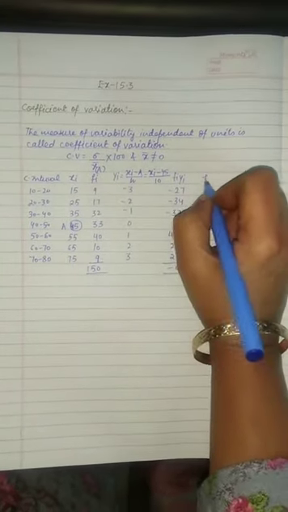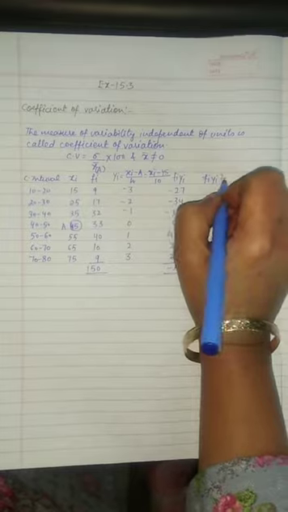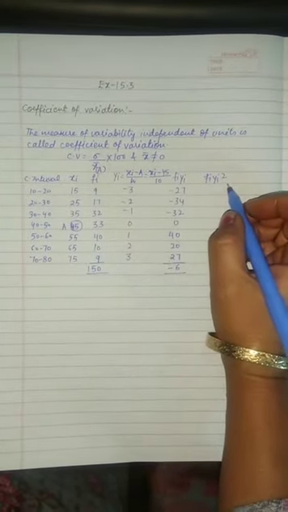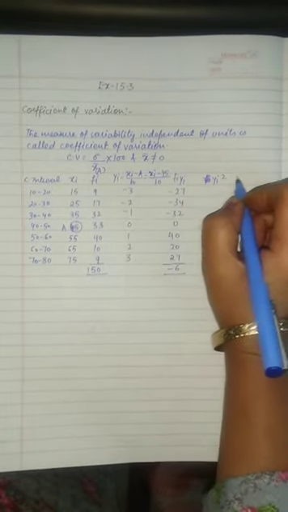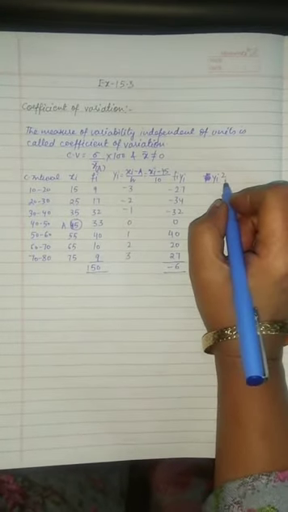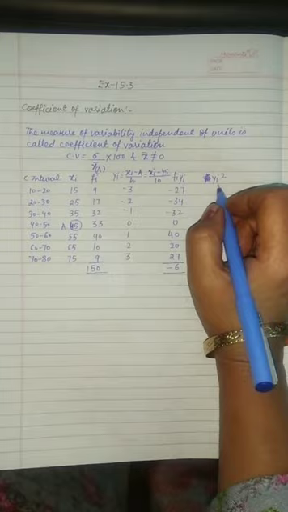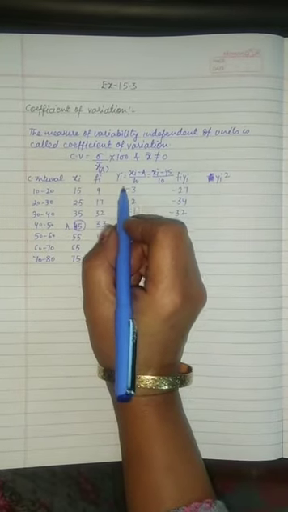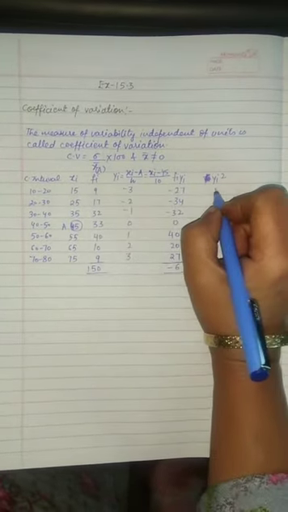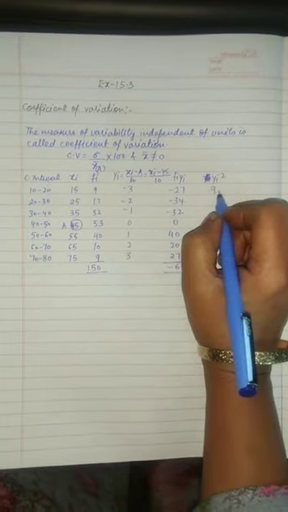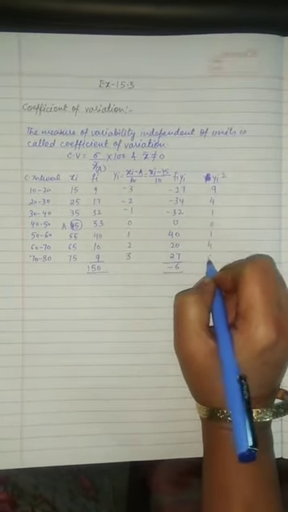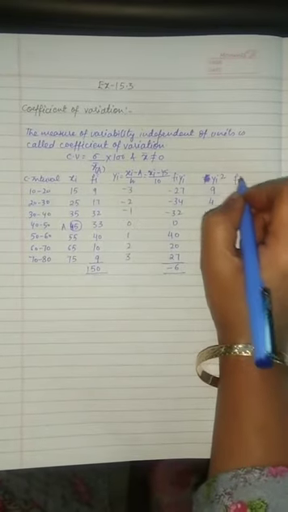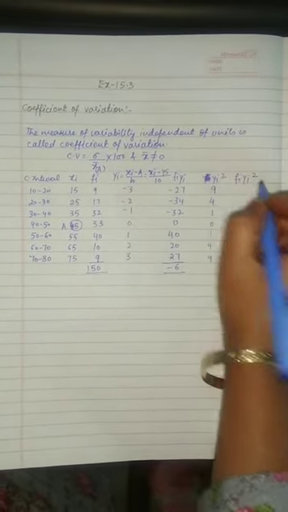Now the last column will be fi yi square. So before this we will find the column yi square. Here we have yi as minus 3, so on squaring it will become 9, 4, 1, 0, 1, 4 and 9. The last column will be fi yi square.